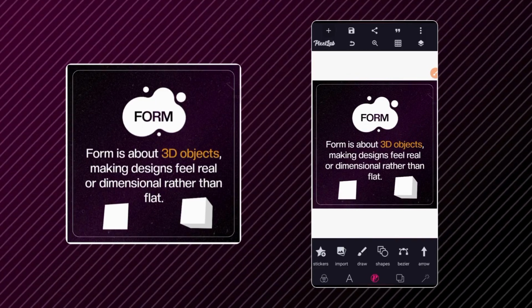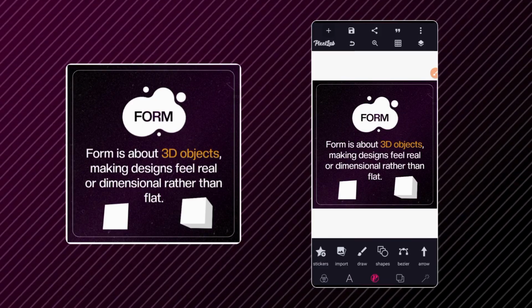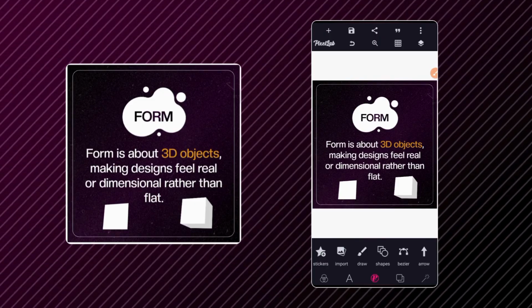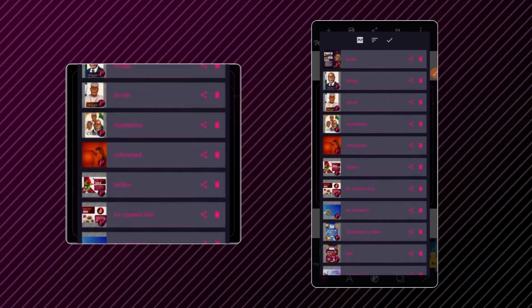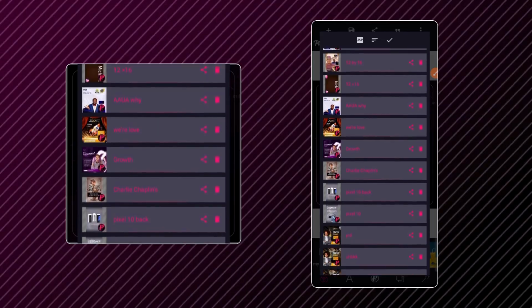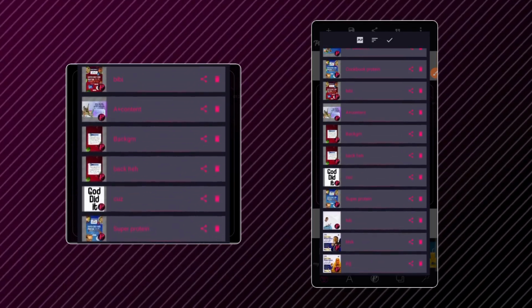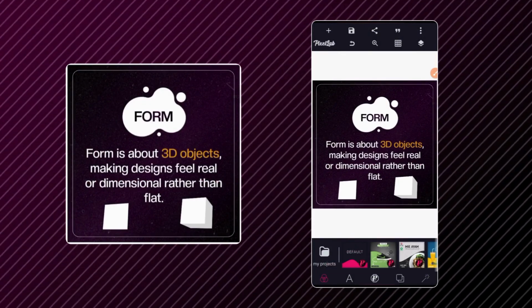Let's take a quick example of how form works. I think I should have a project here that I can use as an example. So how form works is like when you add 3D dimensions to your design, giving your design shadow.